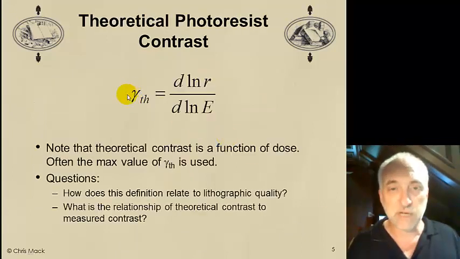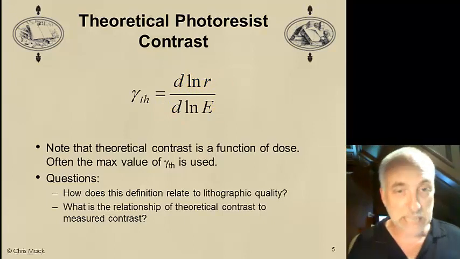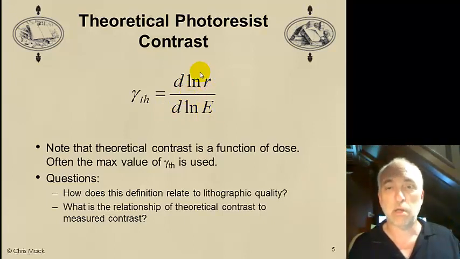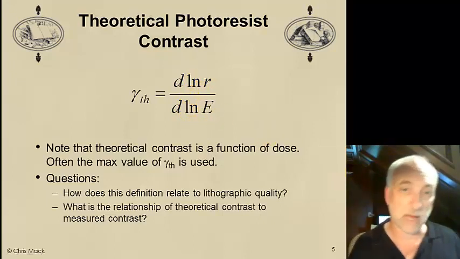So the definition of theoretical contrast is d log r d log e, a slope on a log-log scale. Note that if I use natural logs or base 10 logs here, it doesn't matter, because as long as these two scales are the same, any multiplicative factor will cancel out.